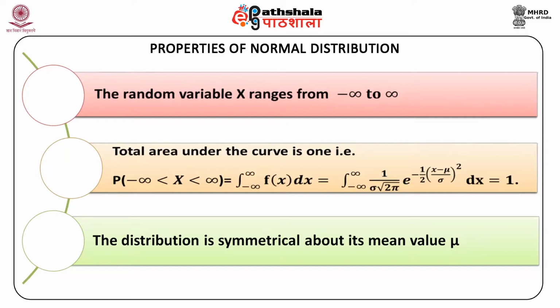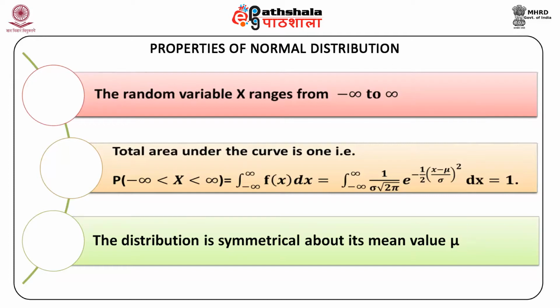That is, the probability of x lying between minus infinity and plus infinity is equal to the integration from minus infinity to plus infinity of f(x) dx, which is equal to the integration from minus infinity to plus infinity of 1 divided by sigma times the square root of 2 pi, times e raised to the power of minus half times ((x minus mu) divided by sigma) the whole squared, dx, which is equal to 1.